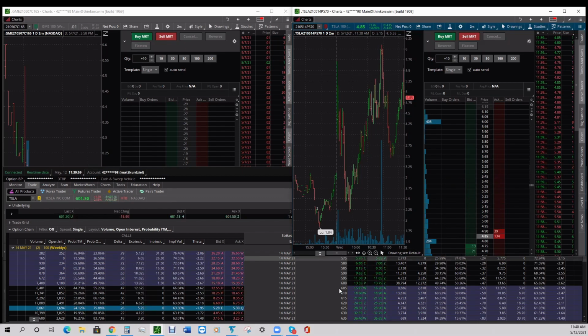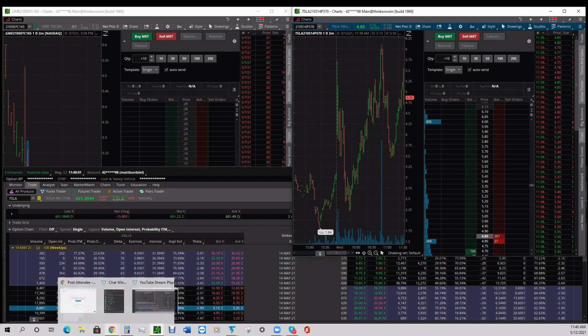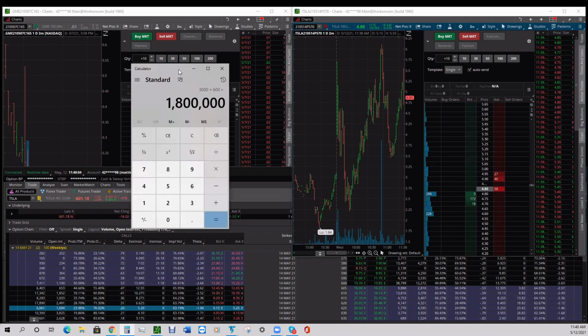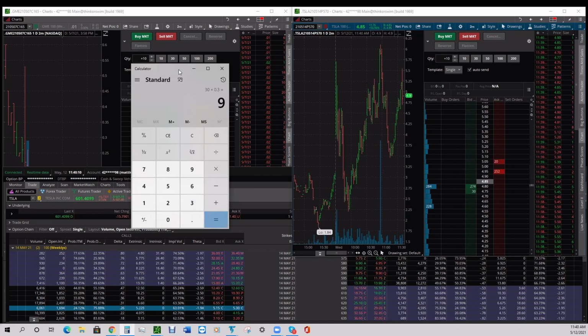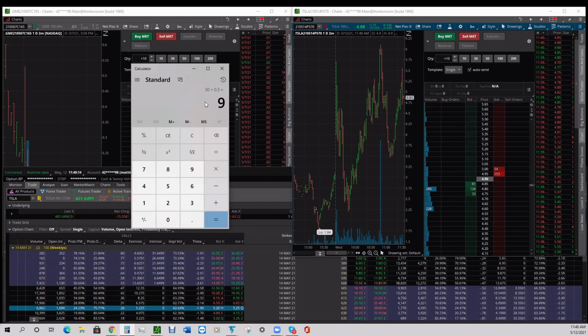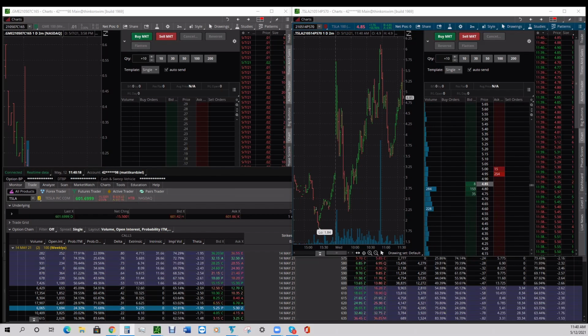Calculator wise, if you're trading 30 contracts times 0.30, you're looking at $9. Round trip, you're looking at $18. So $18 just to make the trade and close the trade. Not that it's very expensive, but little expenses do add up. So you just got to be mindful of it.